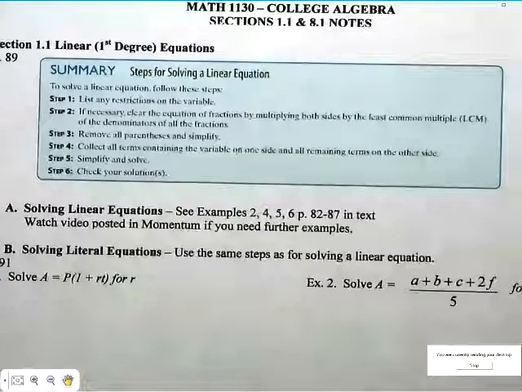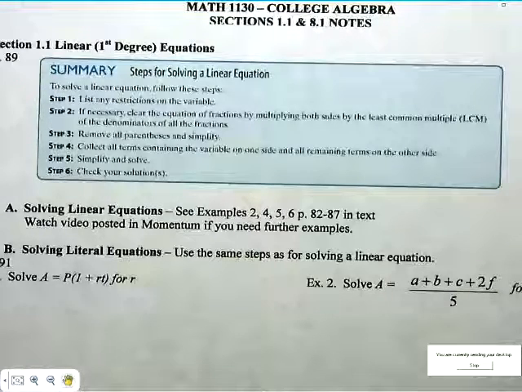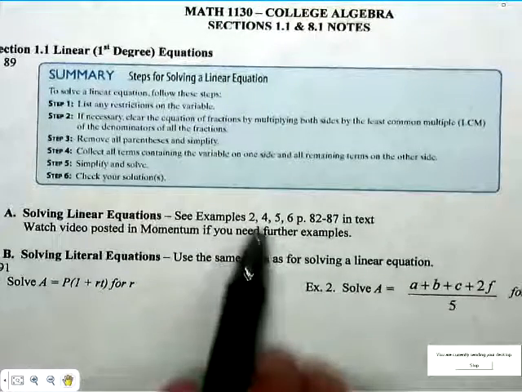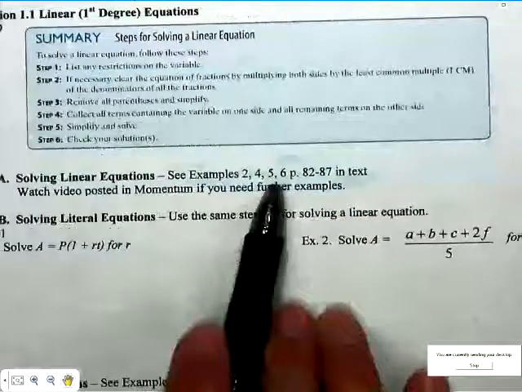Anytime you solve an equation, you can take what you think the correct answer is, substitute it back into the original equation, and make sure that it makes it true, because that's what it means to be a solution to the equation. Now, the examples that I want to show you in the book are from 82 to 87.